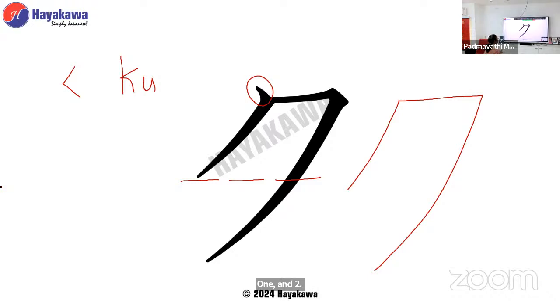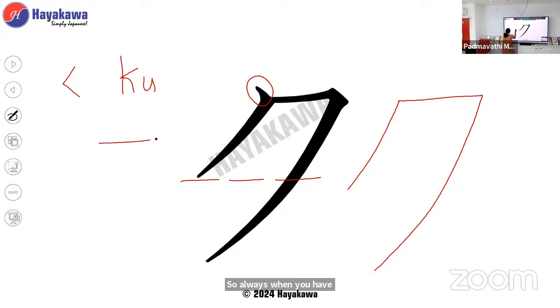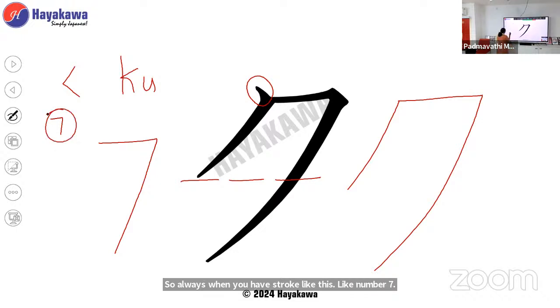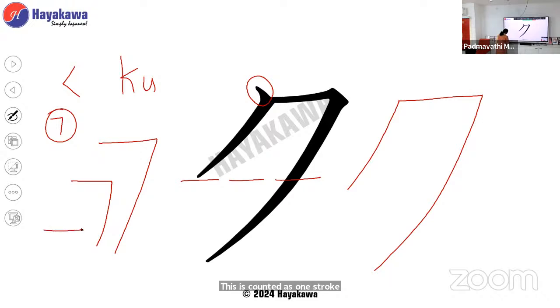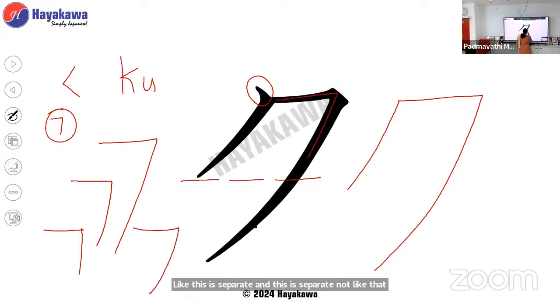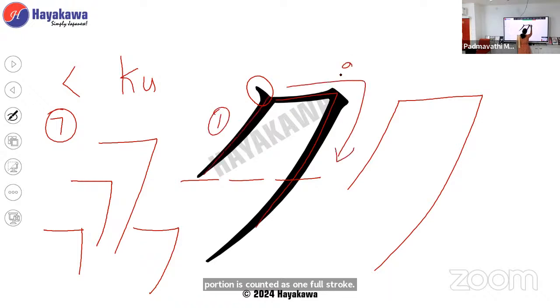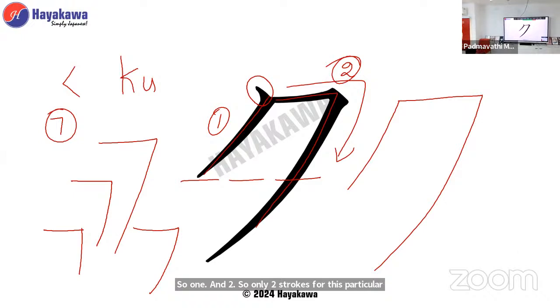So always when you have strokes like number 7, it is going to be one full stroke. This is counted as one stroke, not separate. So here also, this portion is counted as one full stroke. So 1 and 2, only 2 strokes for this particular letter. Hiragana, katakana, in short, we say kana for letters.